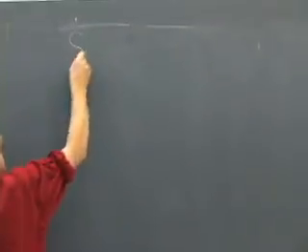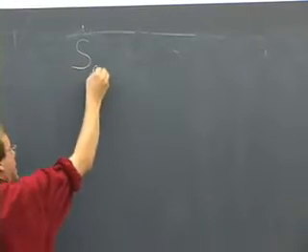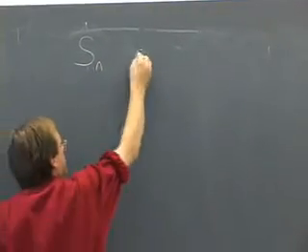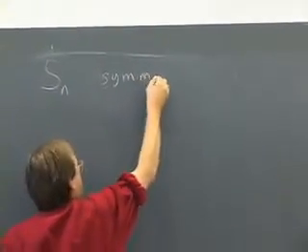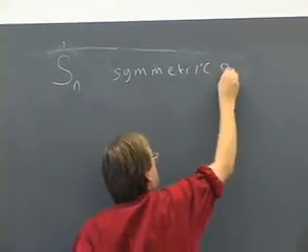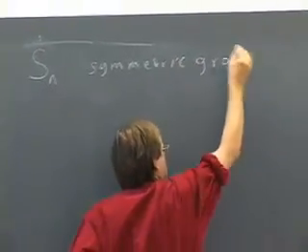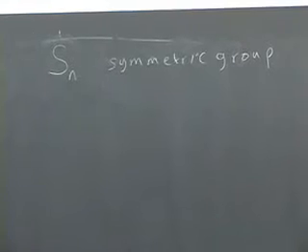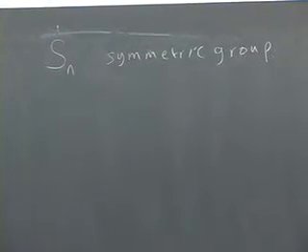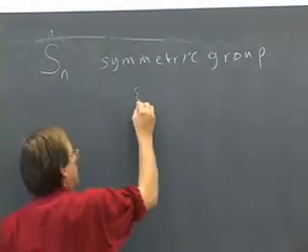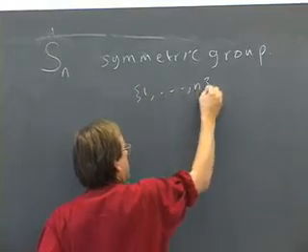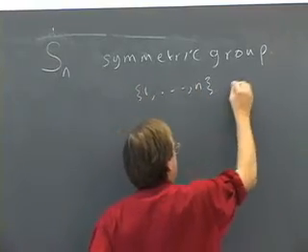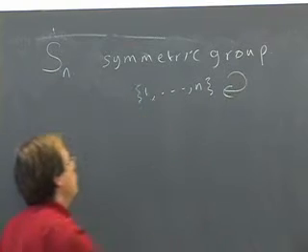It's traditional to write Sn for the symmetric group on n letters, which is the set of bijections from the set of n elements to itself. And traditionally you label those elements 1 to n.